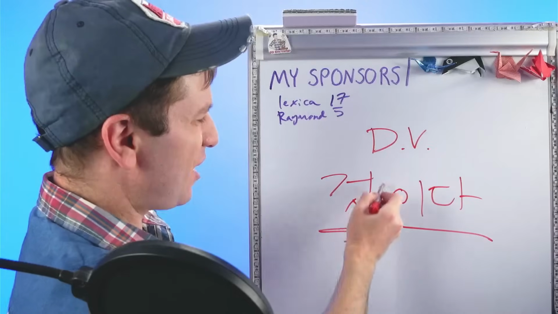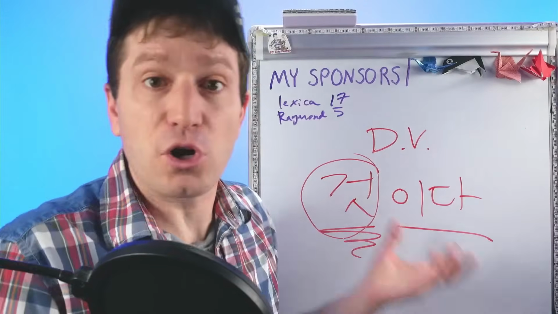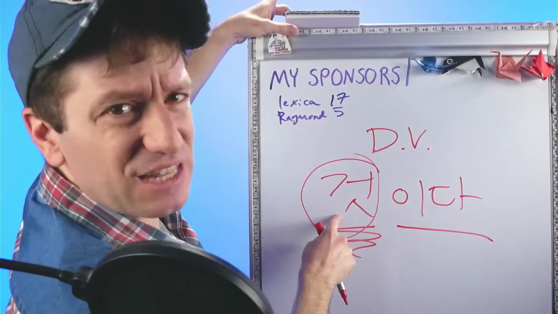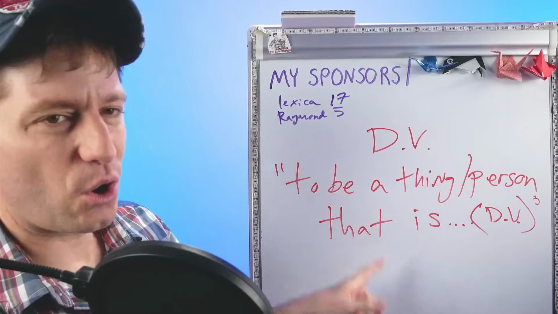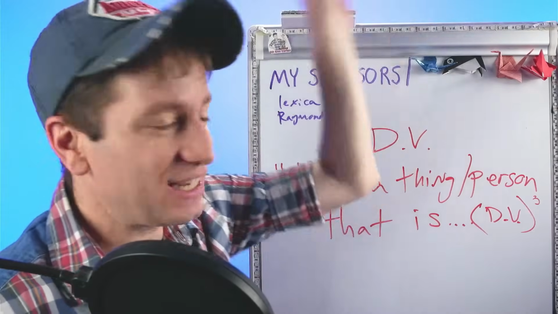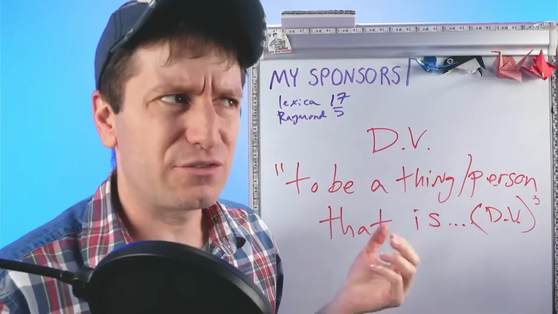To be not just a thing, but like a noun. So it could also be a person, but it's something, someone. So to be something or someone. So when you use a descriptive verb as an adjective with koshida, what you are saying is something, whatever you're describing, is a thing or a person that is whatever it is.